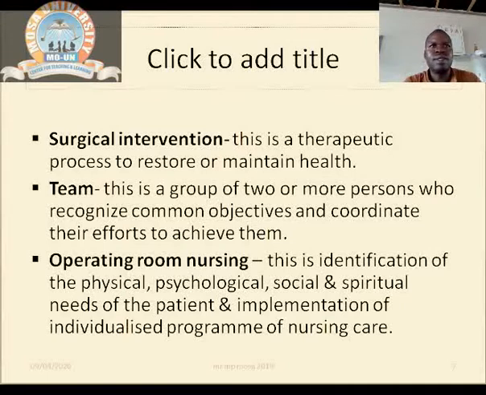Even if surgery is in process, as a nurse, you need to look at the patient who is undergoing surgery. You need to attend to his or her psychological needs. Like for instance, the operation is going on well, but as a nurse, you need to look at the patient.